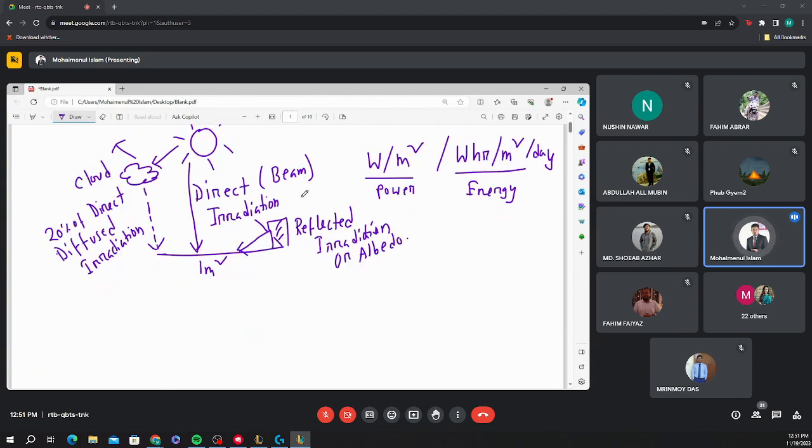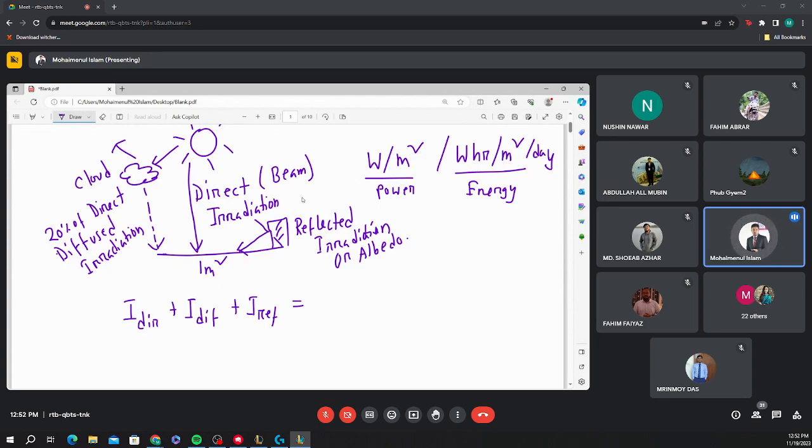So anyway, we can write it like the total summation. Suppose I represent the direct as I direct, the diffused as I diffusion, and the albedo or reflected as I reflected. Those three terms together are called global irradiation.